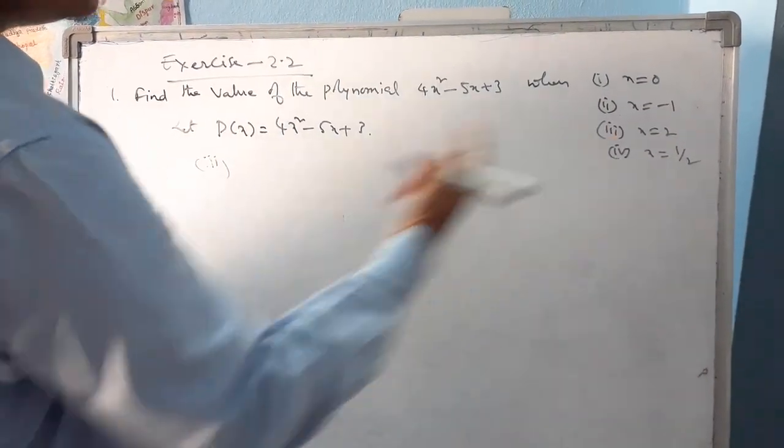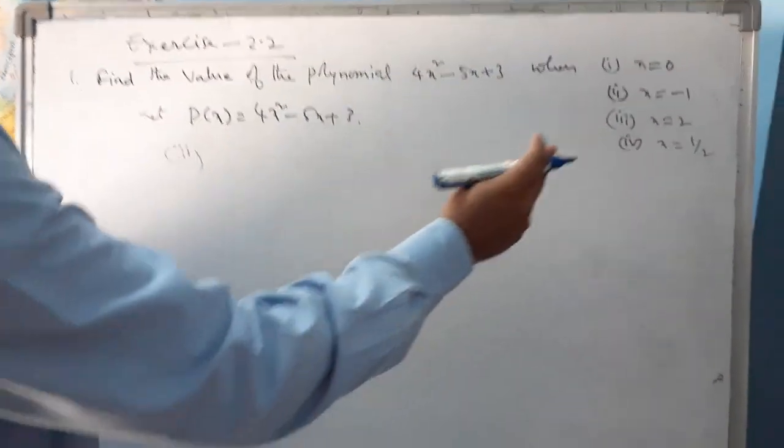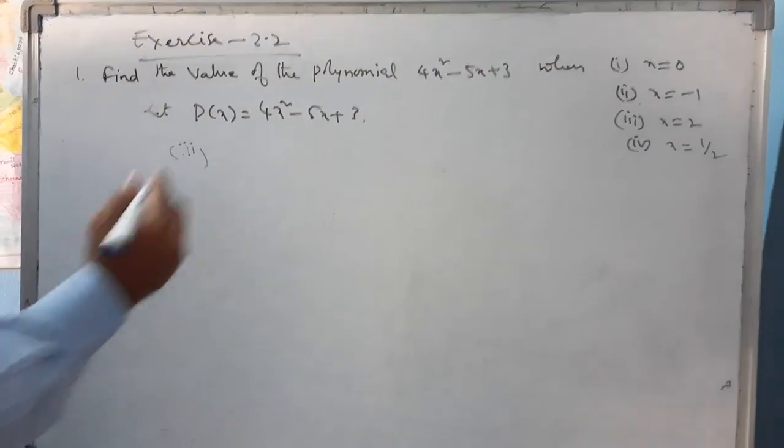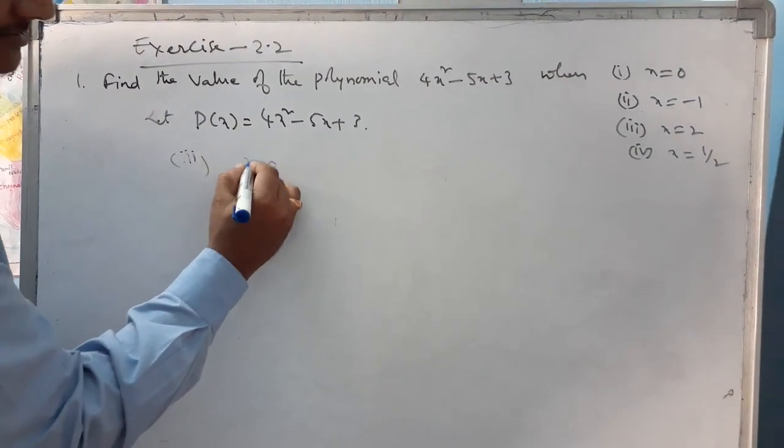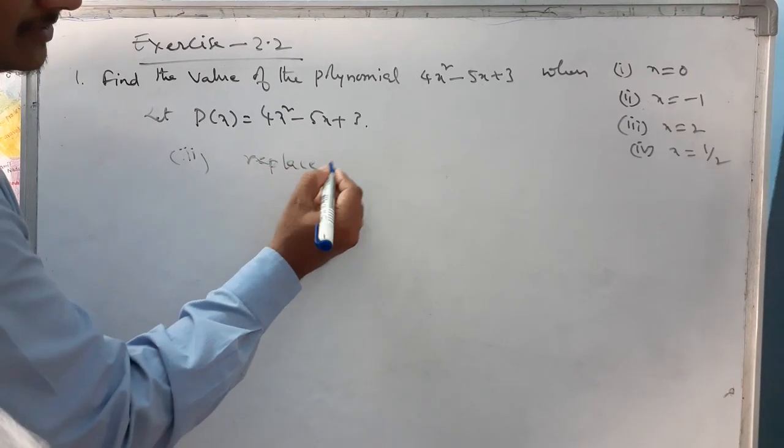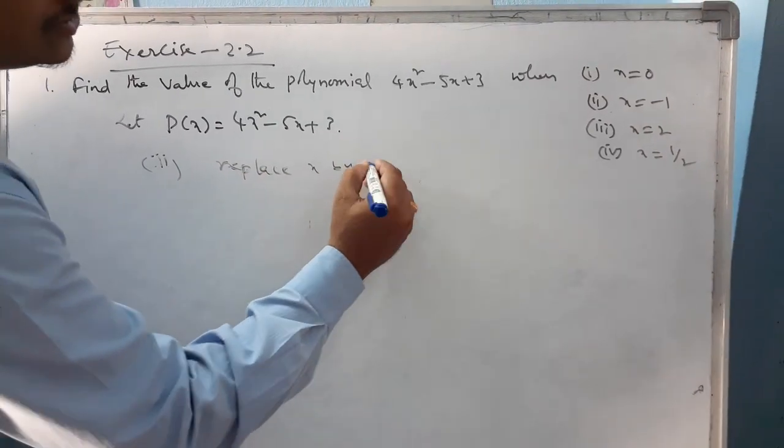Third one, we have to find the value of the polynomial at x equal to 2. So replace x by 2.